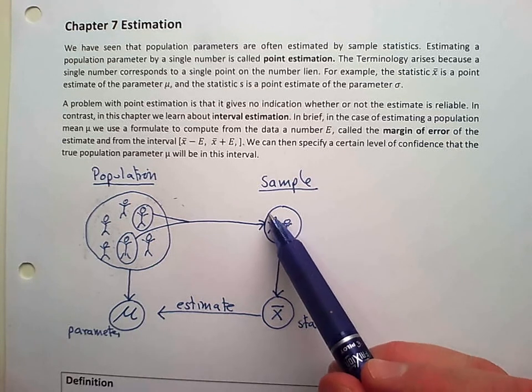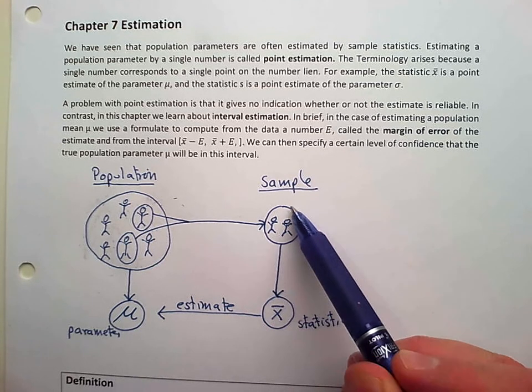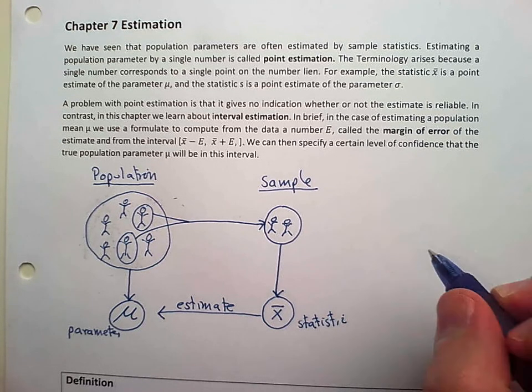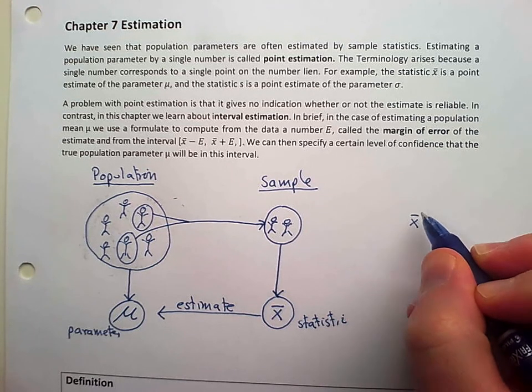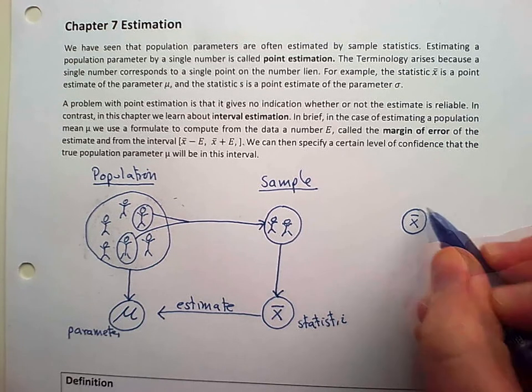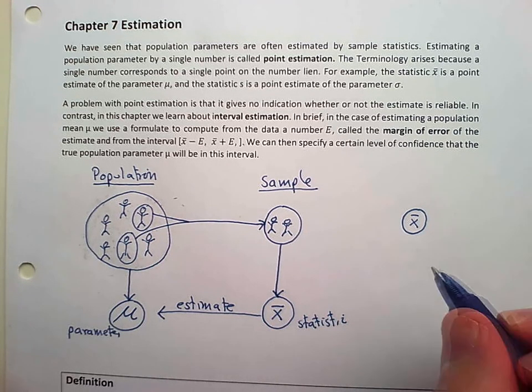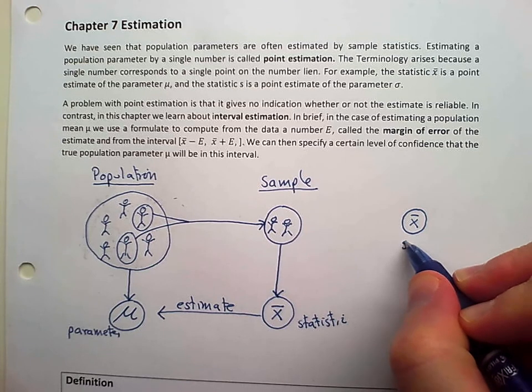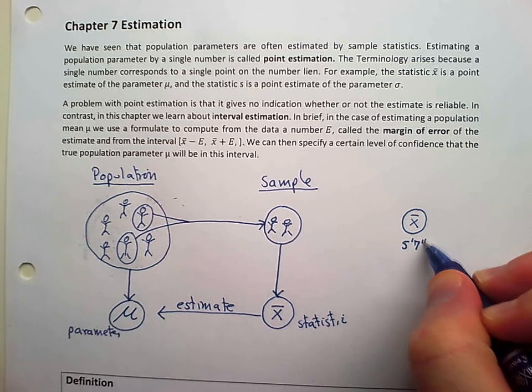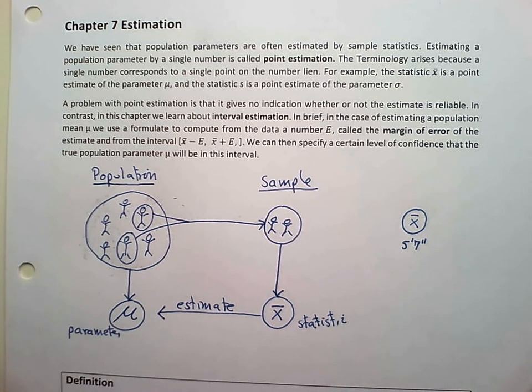If we calculate the average height of our sample, I have no idea what x bar would be, but just for discussion purposes, let's say that the average height in our sample is 5 feet 7 inches. No idea if that's even close or not, but that's just the guess that I have for what our x bar might come out to be.